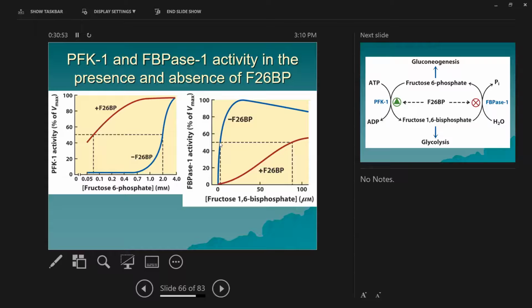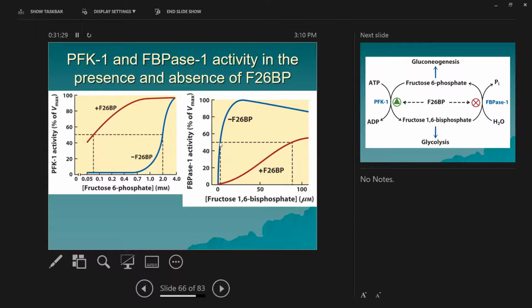Without it, you need a lot of fructose 6-phosphate. This, as you can see, is going to decrease its requirement for this metabolite. However, with fructose 1,6-bisphosphatase, you can see the presence of this metabolite inhibits this enzyme. Without it, it's pretty active. With it, you need a lot of substrate before this thing even gets to be halfway active. Very, very potent inhibitor, where here it's a very potent activator.